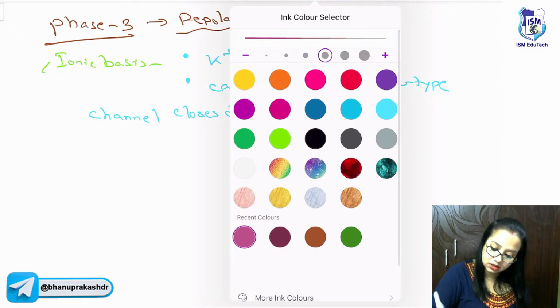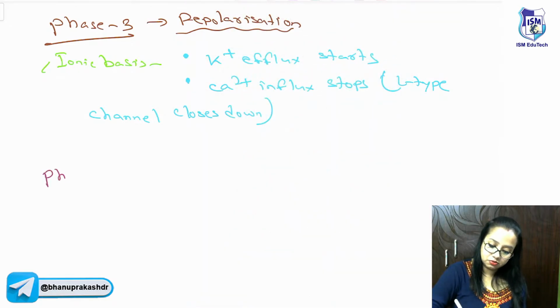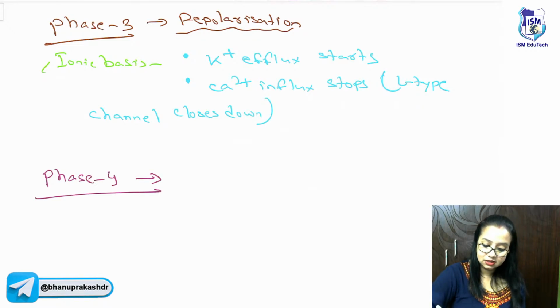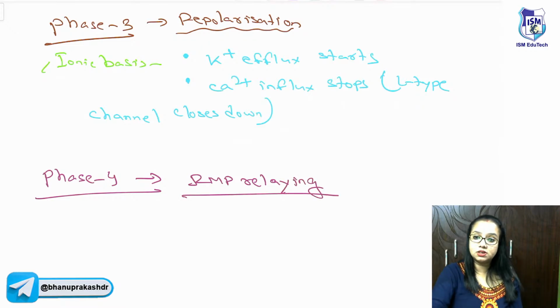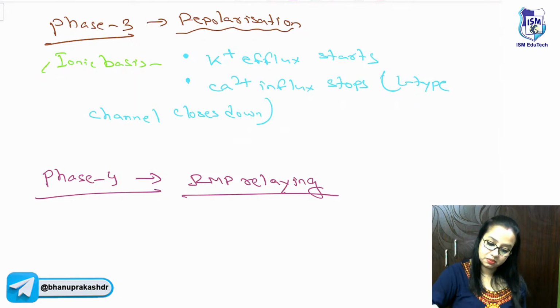Now, what is phase 4? Phase 4 again is the resting membrane potential relaying phase. So here again, after the repolarization, once again what happens?